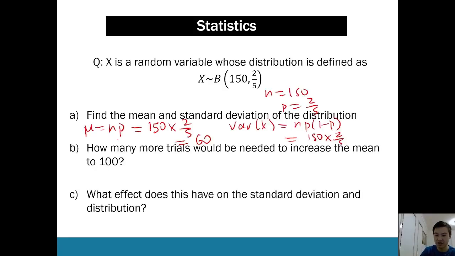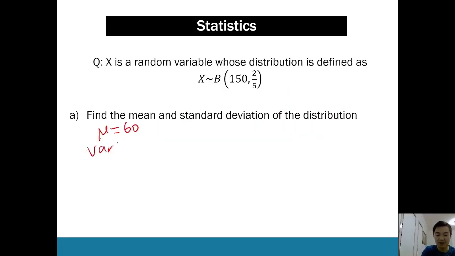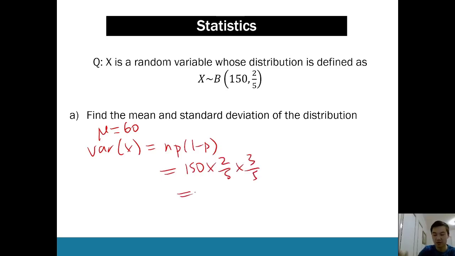The variance is going to be np times 1 minus p, so this will be 150 times 2 over 5 times 3 over 5, which will give me 36. So the variance is 36, therefore the standard deviation is going to be the square root of that, so it's 6. So we know that the mean of this distribution is 60 and our standard deviation is going to be 6.